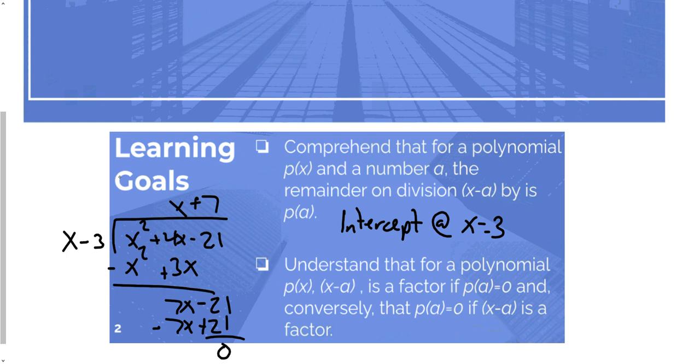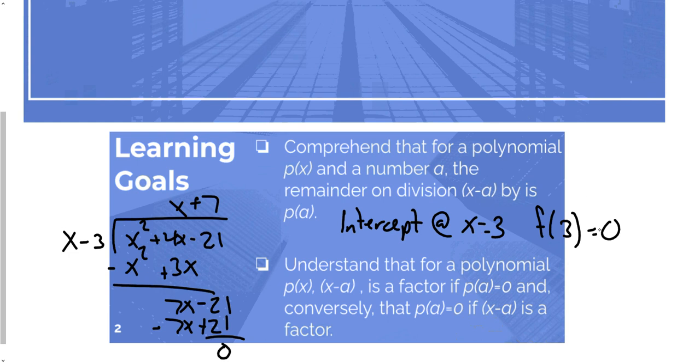So what that means is that because it has an intercept of 3, f of 3 will equal 0. If I plug 3 into this function, it will give me an answer of 0. And it does. 9 plus 12 is 21, minus 21 is 0. So that does work, and we know that it has an x-intercept of 3.